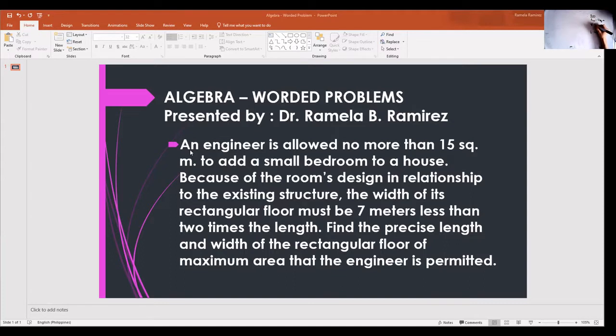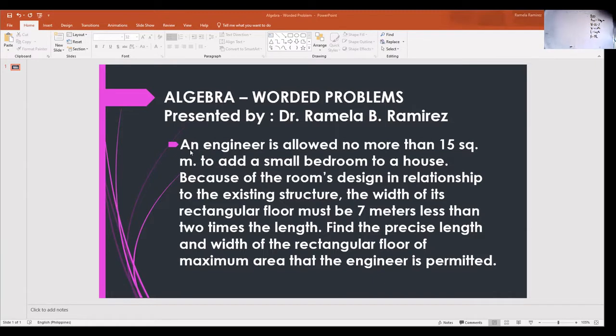So 2 times the length minus 7, 2L minus 7, will be the width of the floor. And take note that the formula for the area of the floor is simply width times length.